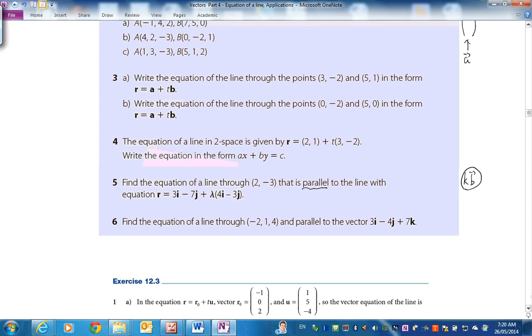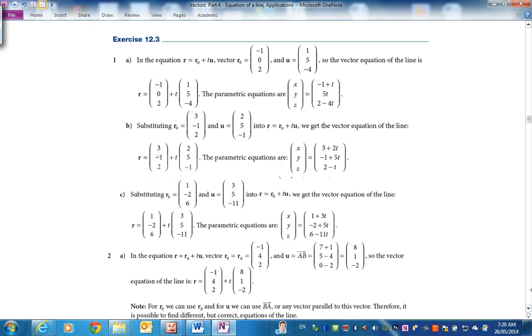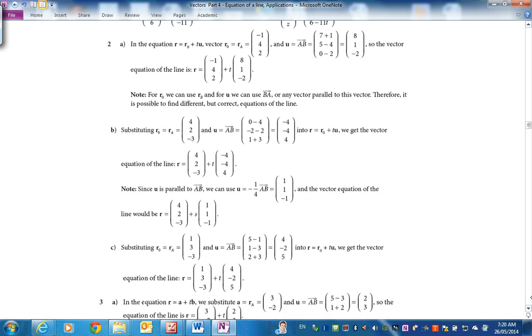Let's have a look at the solutions now. There's question 1. Check your answers there. Question 2.